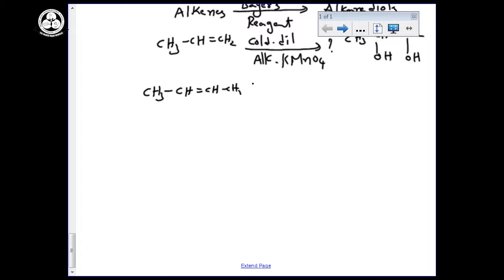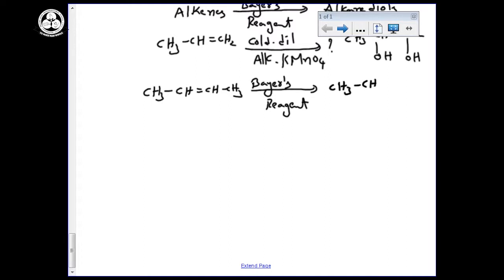Cis and trans forms we are taking. That is Bayer's reagent you are using. Whether it is syn addition or anti addition, we can follow, and we can get meso compounds or a racemic mixture. That we will see, what compounds you are getting.